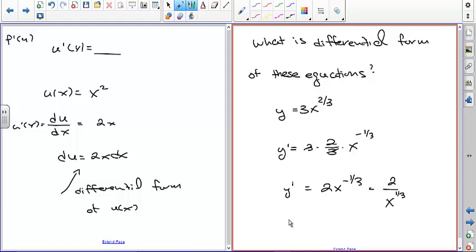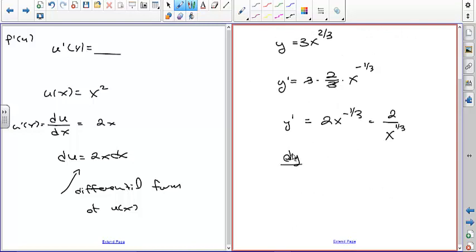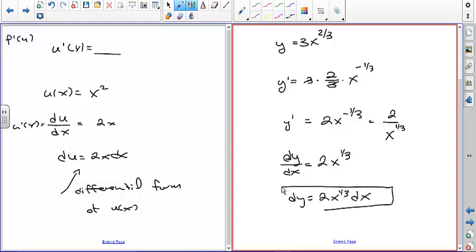And to make it into the differential form, all we do is take y prime and make it into dy/dx. Sorry, I wrote that wrong. All I'm doing here is changing y prime into dy/dx.